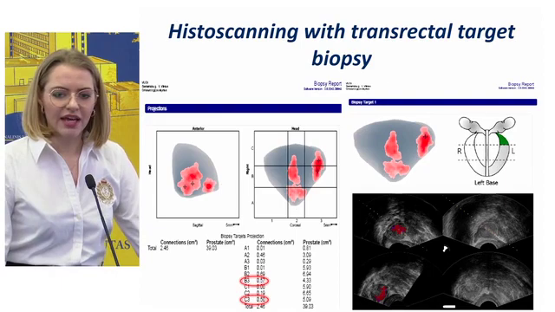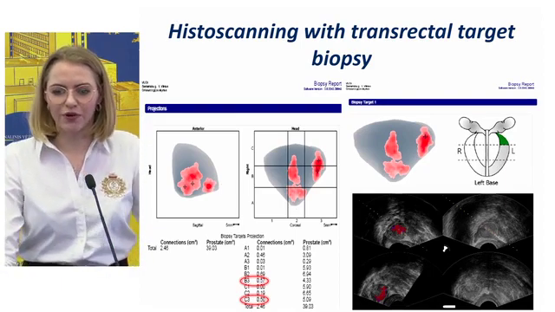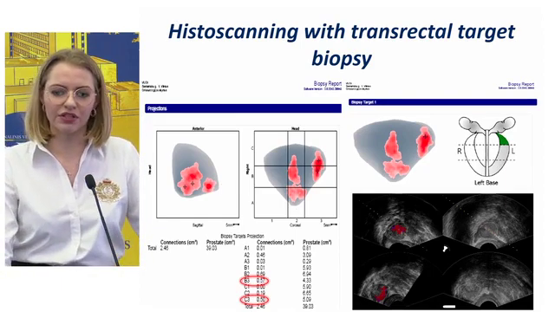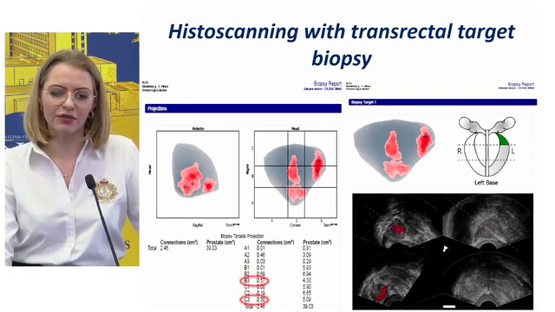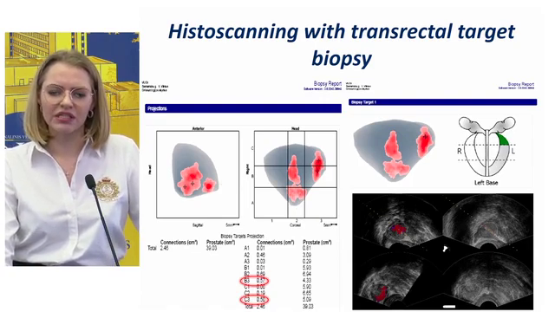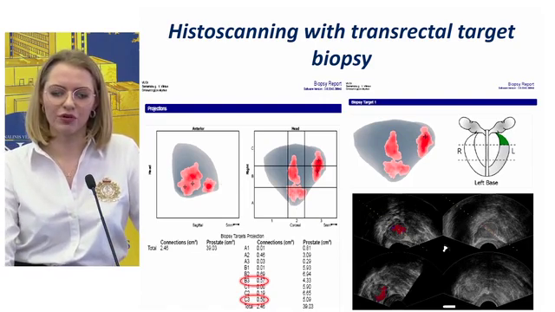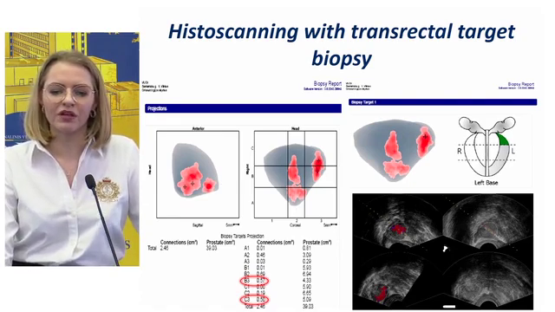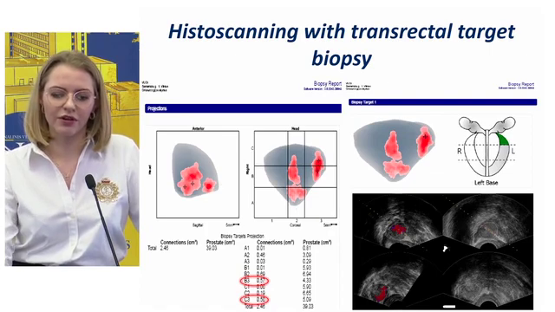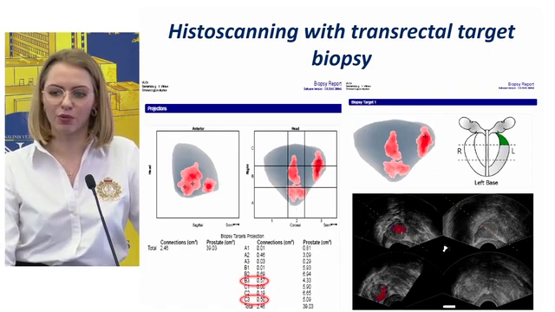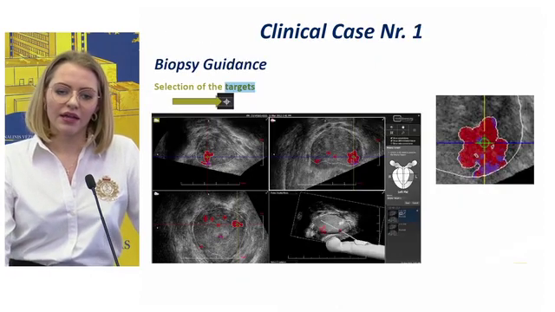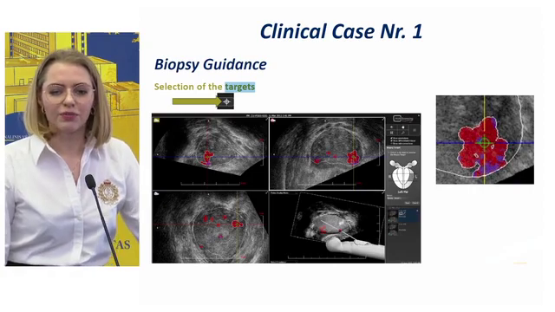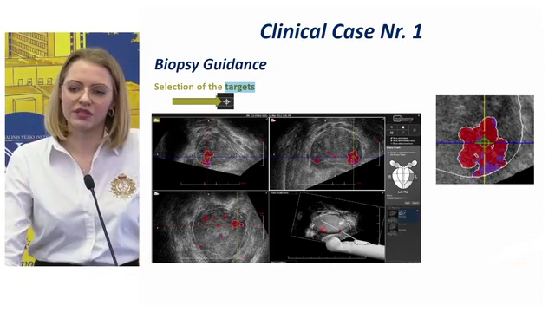Histoscanning was performed with a transrectal targeted biopsy. Here we see an image of the prostate with suspected lesions. We see a grid which shows that in B3 and C3 we have suspected lesions with connectivity of more than 0.5. And targeted prostate biopsy was done.